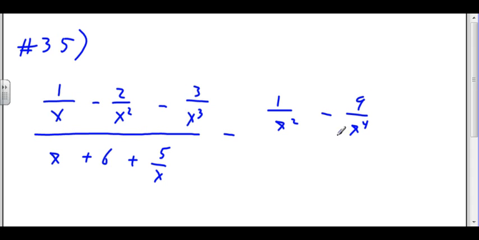Where did those come from anyway? x to the 4th: 1 plus 2 over x, 15 over x.